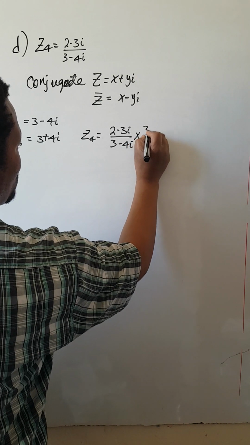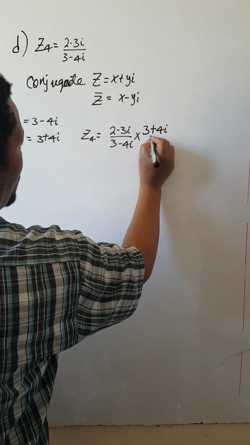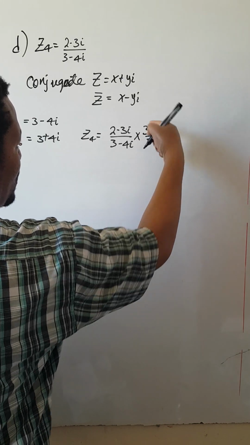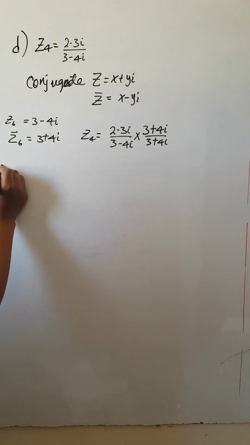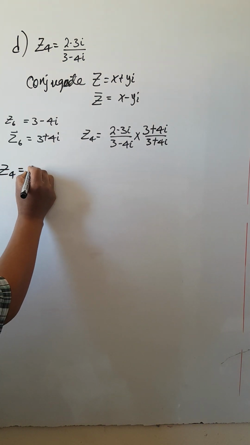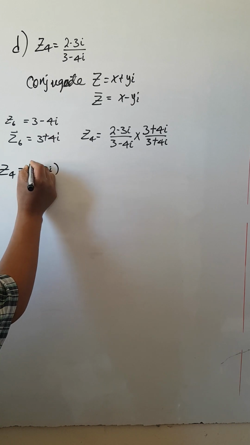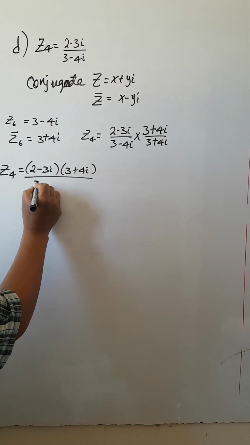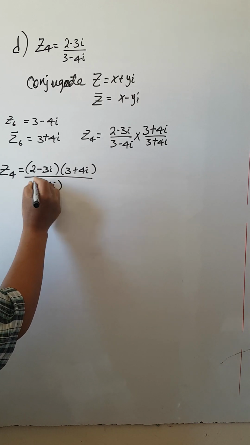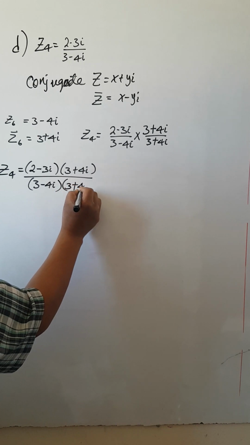The ratio of the conjugate has to be 1, so 3 plus 4i over 3 plus 4i is 1, and as we know, 1 is the identity number in multiplication and division. So multiplying a number by 1 doesn't change the value. Good. So here we have z4, which is equal to 2 minus 3i times 3 plus 4i divided by 3 minus 4i times 3 plus 4i.